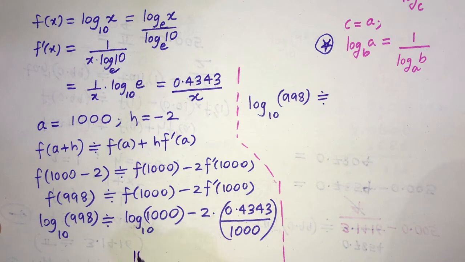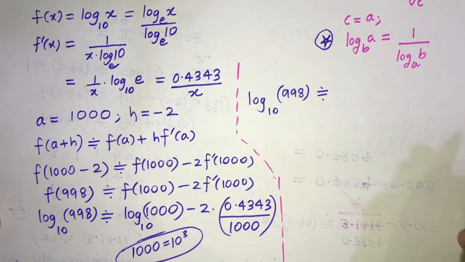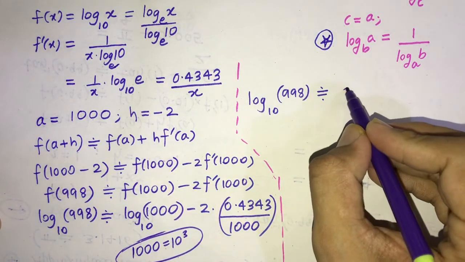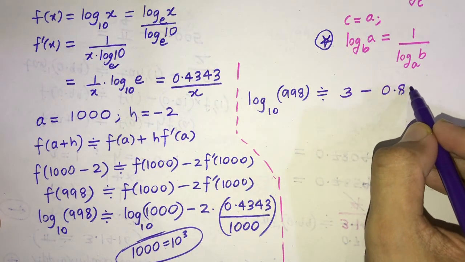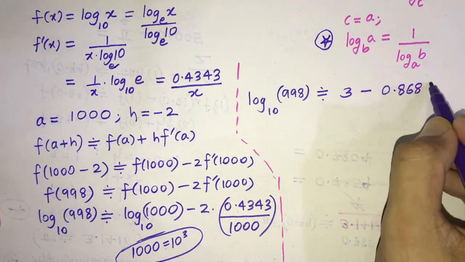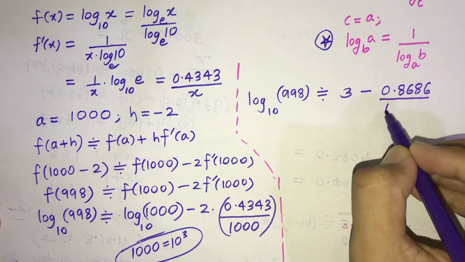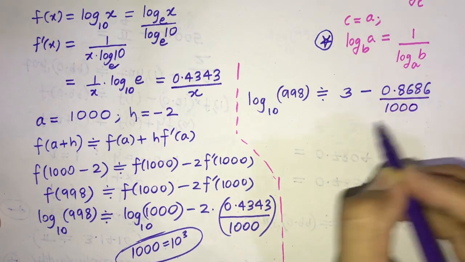Now 1000 is 10 cube. So directly हम लोग उससे बोल सकते हैं कि power when 1000 is written in terms of 10 is 3. So log of 1000 to the base 10 is going to be 3. So यहाँ पे 3 आ जाएगा. Minus we are going to get 0.8686 upon 1000. So that is 10 raised to minus 3.